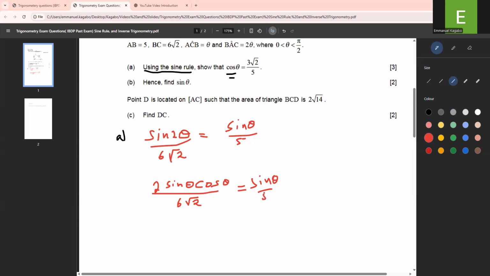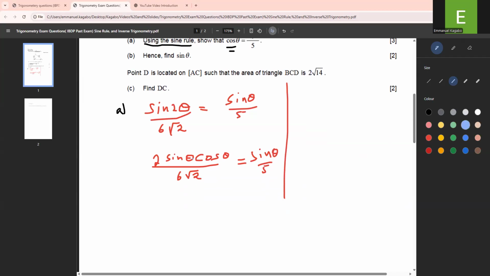Good. Now, what do we do next? You see, this one and this, they can cancel out, right? And then I cross multiply. I'll get cos theta equals 6 square root of 2 over 5. Are we together here?